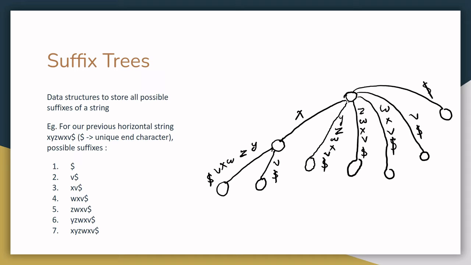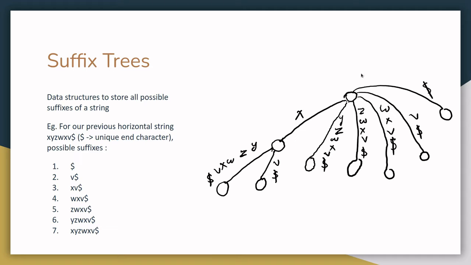So at the right we can see the example of a suffix tree. The suffix tree is, as I said earlier, a data structure which captures all the possible suffixes.